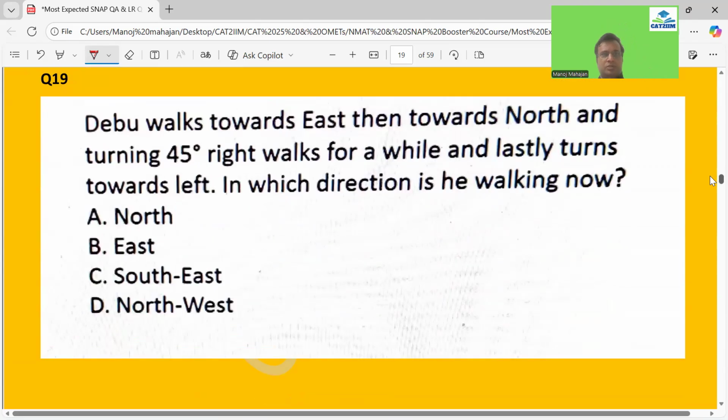So yeah, direction questions also you can expect in the SNAP paper. You should remember one thing, the direction, first of all: north, south, east, west. So this direction, if I look, is what? Northwest, right? This would be what? Northeast, southeast, southwest, right?